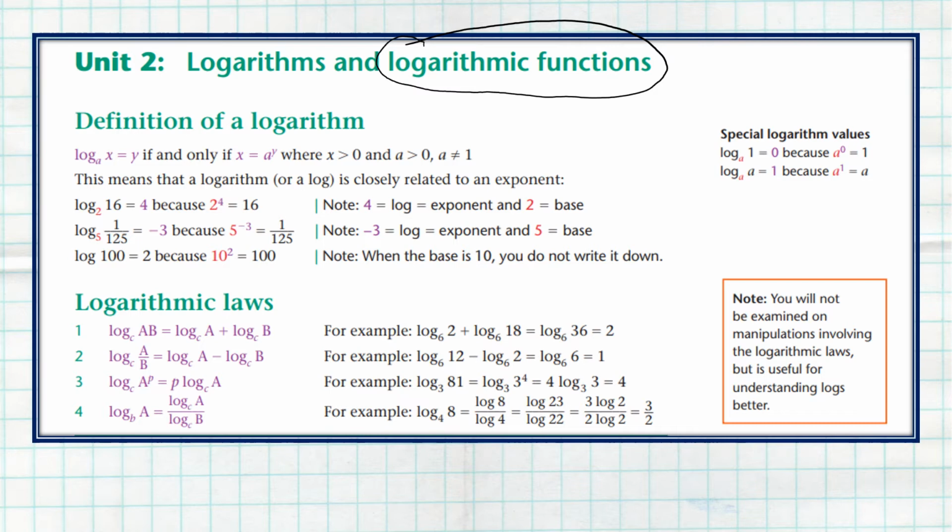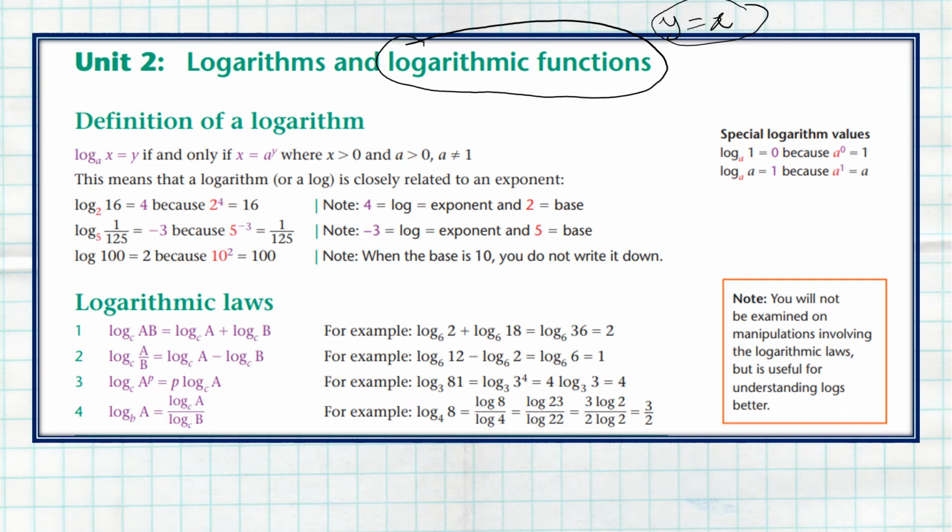Now what happens is, if we reflect our exponential function about the line y equals x, the new graph that will form will be called the inverse of that exponential function.